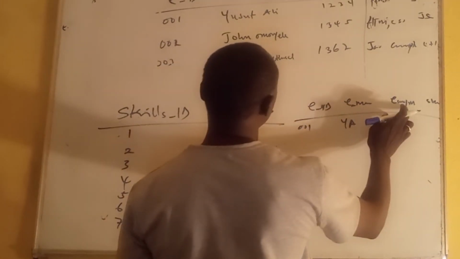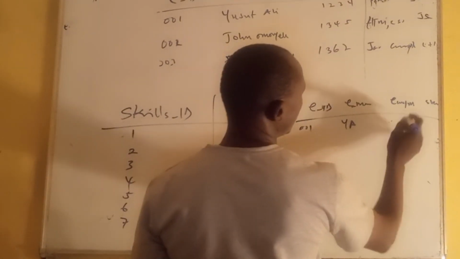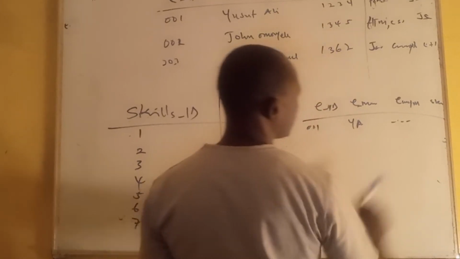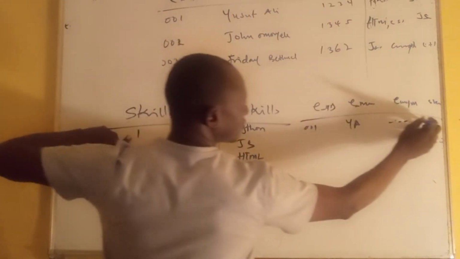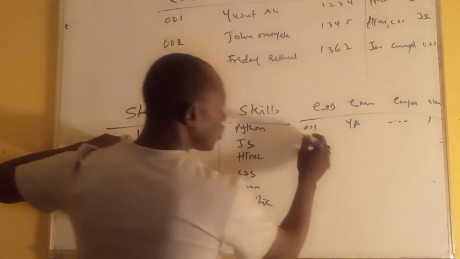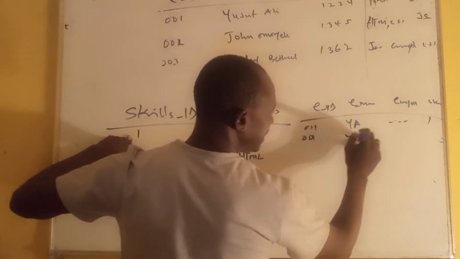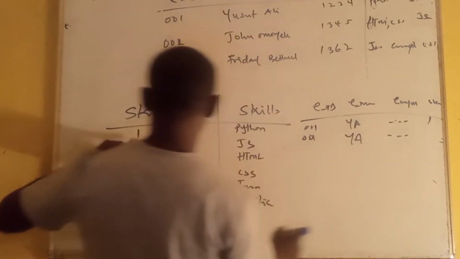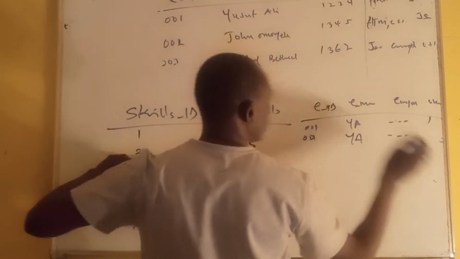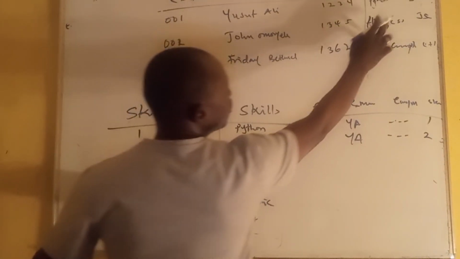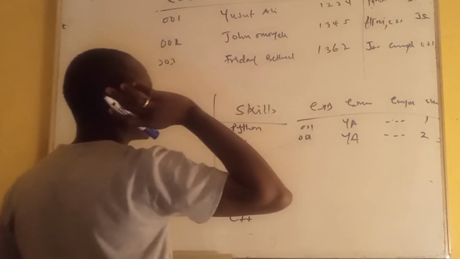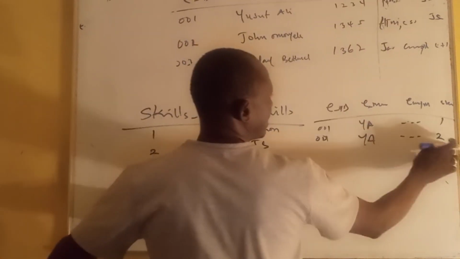You put the mobile. Now the skills is 1. The same 001, Yusuf Ali, having the same phone number, has the same skills of 2. Are we together? It's only appearing for the second time because we are dealing with the skills.